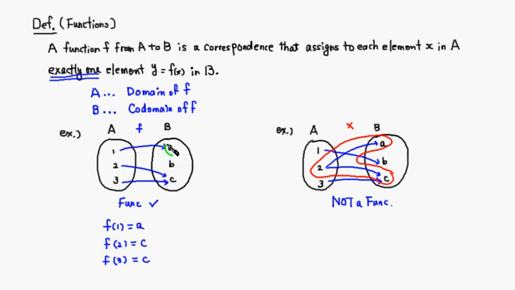So the set with only A and C in this example is called the range of f. You can also write it in curly brackets: a set with A and C in it. So this is the range of f.